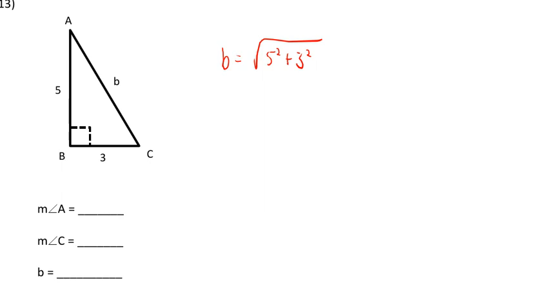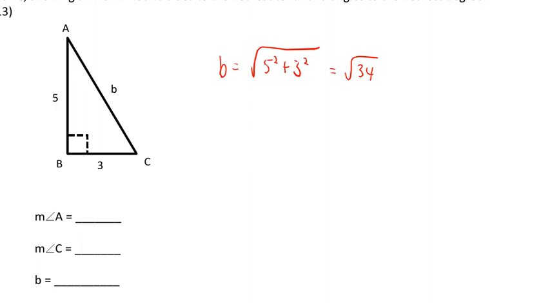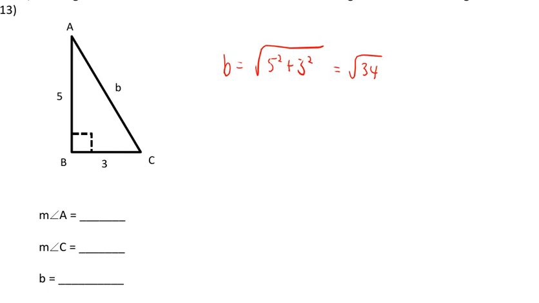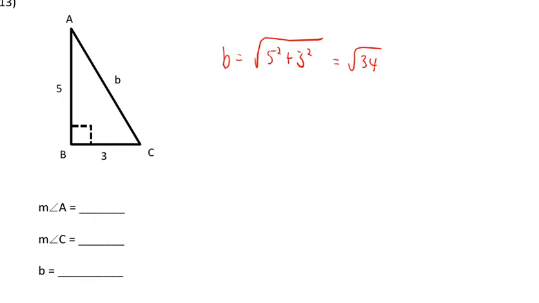And if it asks me to give it as a decimal, it says to the nearest tenth, so square root of 34 is about 5.8 to the nearest tenth. I believe we asked for angles to the nearest degree.